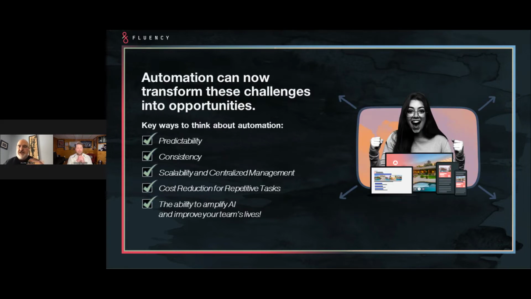So automation, in our view, is one of the key problem solvers for a lot of these challenges that agencies are facing right now. It can help to increase the predictability and consistency of ad operations.